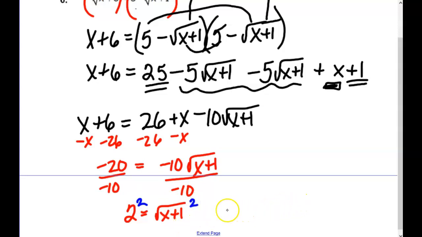Now if I square both sides, I just have what? Anybody get 3?